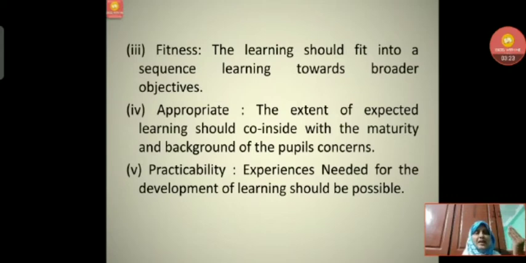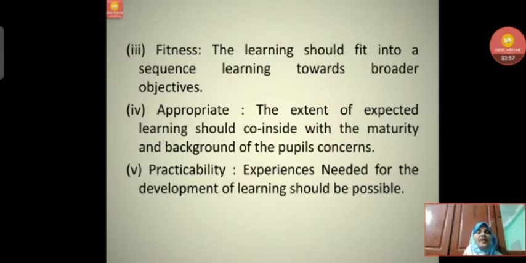For example, if they are taught something related to forest, first, they will be able to understand the meaning of forest, and the students will be able to know the different types of forest. The students will be able to understand the uses of forest. Then the students will be able to differentiate different kinds of forests. N number of learning objectives we can create, but it should be in a sequence.